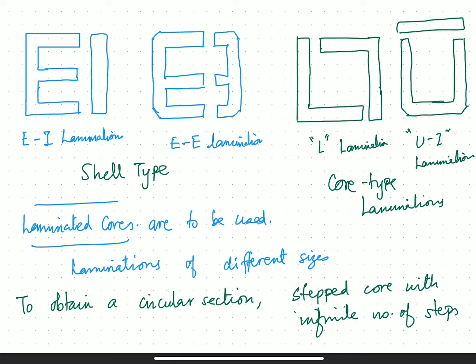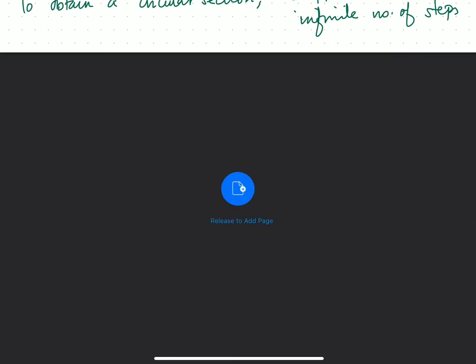So what does this mean? I'll show you this in a bit. If you have, let's say, one lamination like this, the other one will be slightly lesser, and then the next one will be still lesser, going on like this, right? So this is a stepped core with infinite sections. If this is one end, you see this sort of makes up a circle. So this is how you generate a circular cross section.